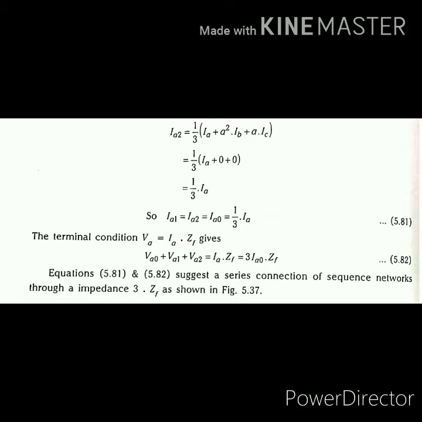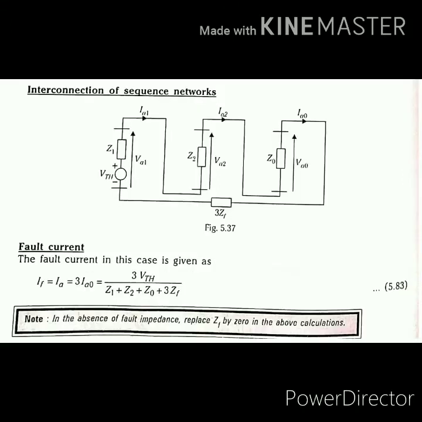We have just substituted. IA we know is equal to 3 times of IA0, so VA0 plus VA1 plus VA2 is equal to 3 times IA0 into ZF, which is 5.82. Now these two equations, 5.81 and 5.82, suggest a series connection of sequence networks through an impedance of 3 times ZF, as you can see in figure 5.37.